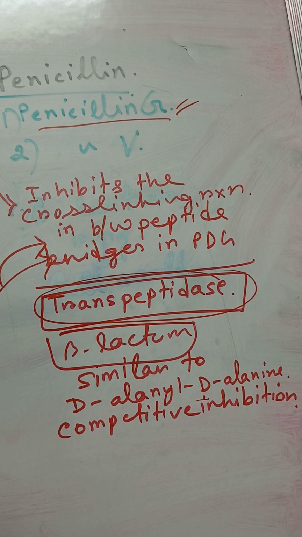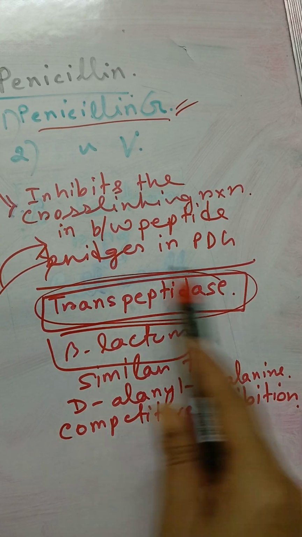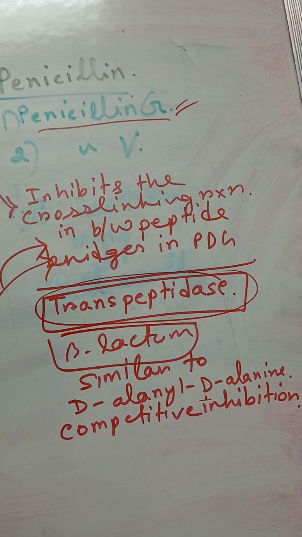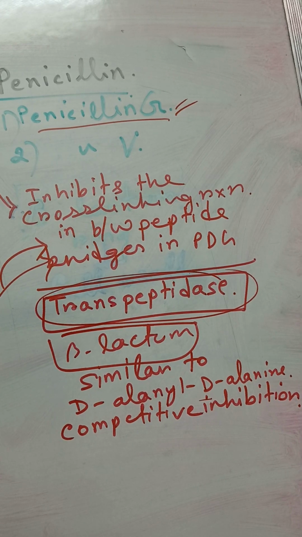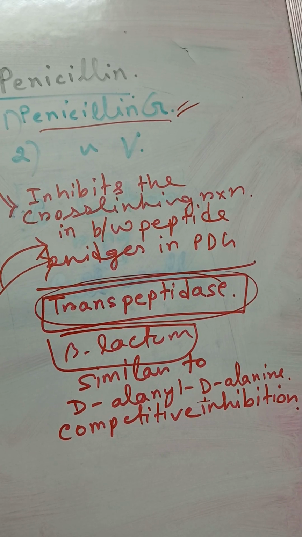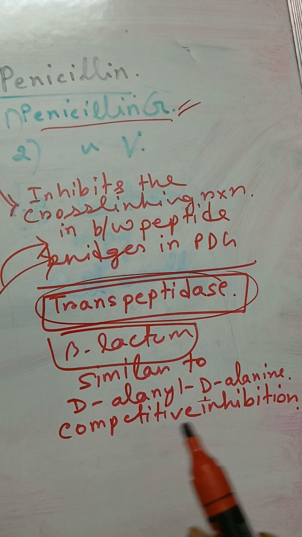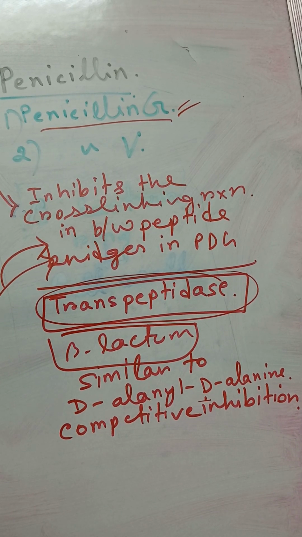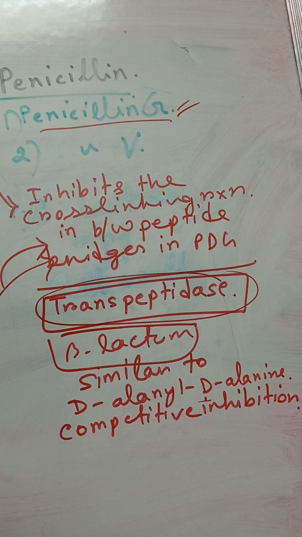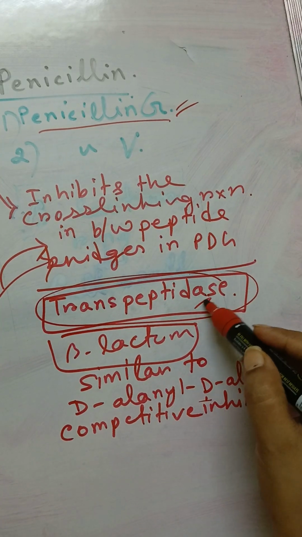For what? For blockage of the transpeptidase enzyme. Because if this residue binds with this transpeptidase, the reaction will proceed in a normal way. The PDG layer will be formed in a normal way. It will give the original cell shape, structure and all. But if penicillin is applied for the treatment of the bacteria, obviously the penicillin tends to compete with this D-alanine residue, and that will bind to the active site of the transpeptidase, thus blocking this enzyme.